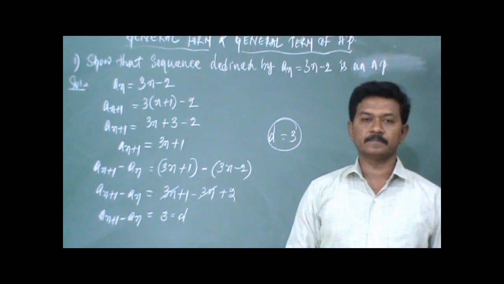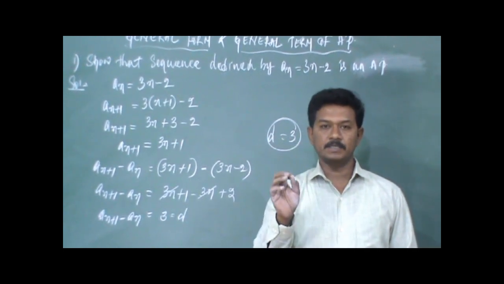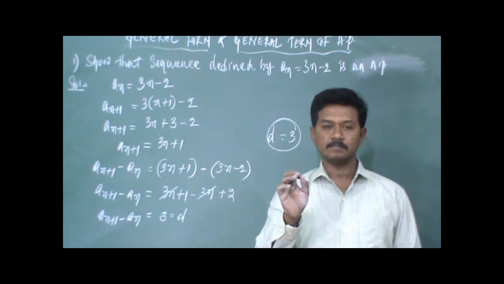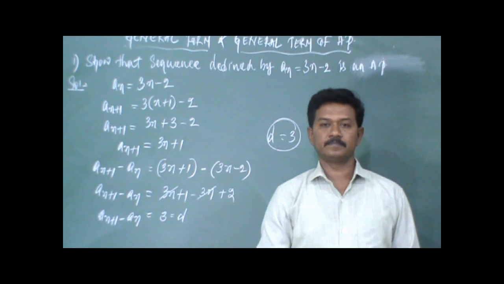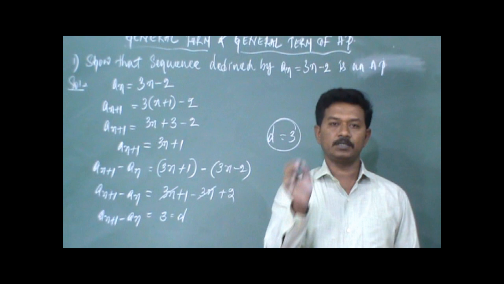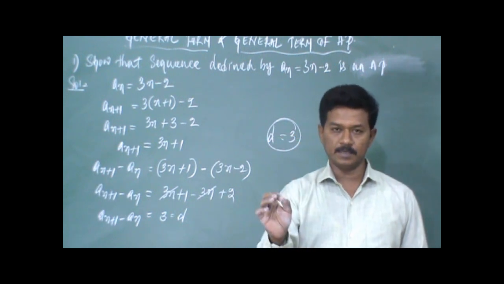Listen very carefully. If d of a sequence is independent of n, then it is an AP. If d of a sequence is not independent of n, then it is not an AP.